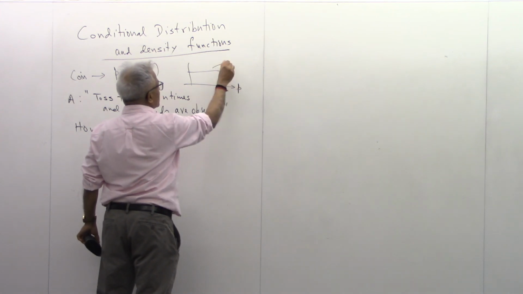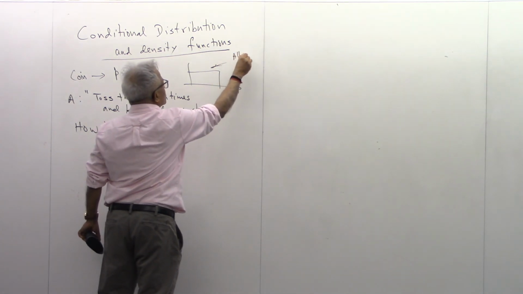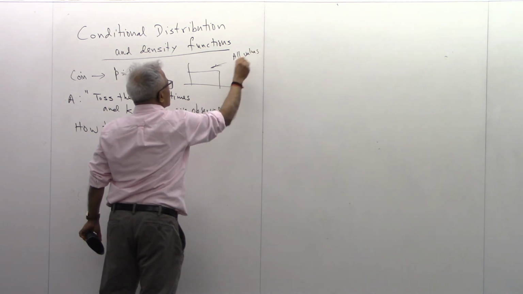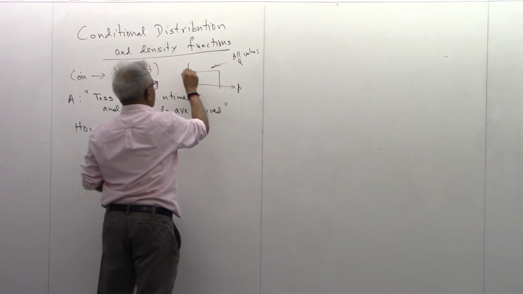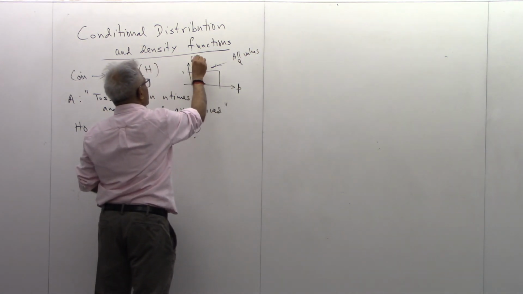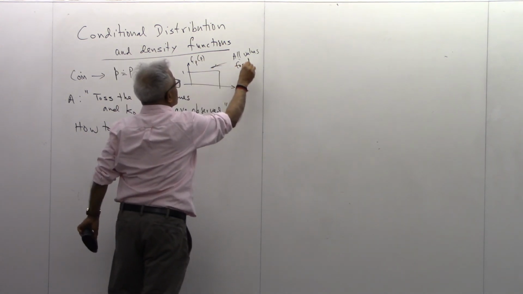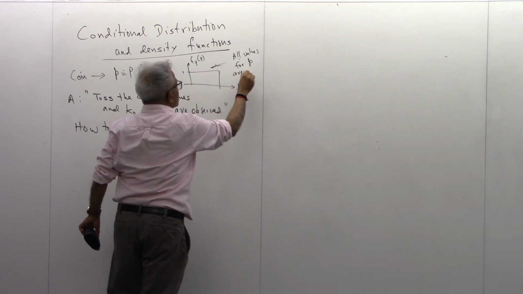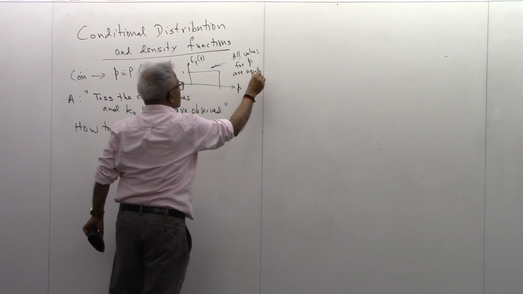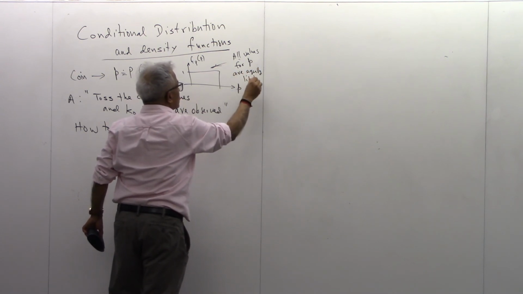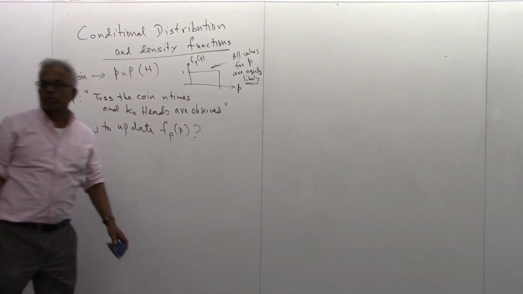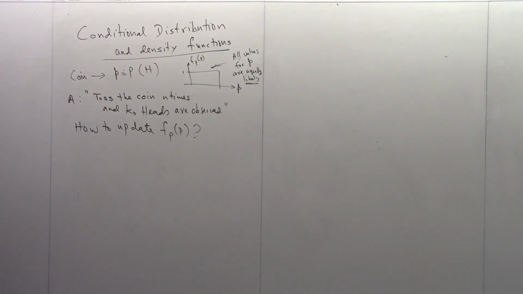This is essentially saying all values for p are equally likely. Yes or no? What else can you conclude if you have no other information?